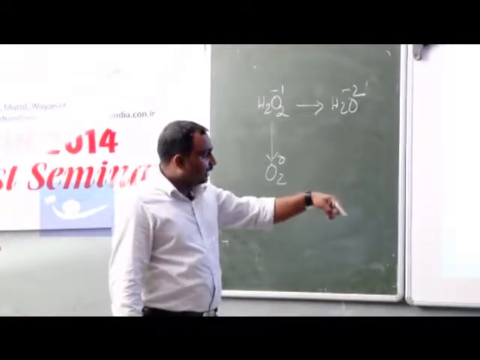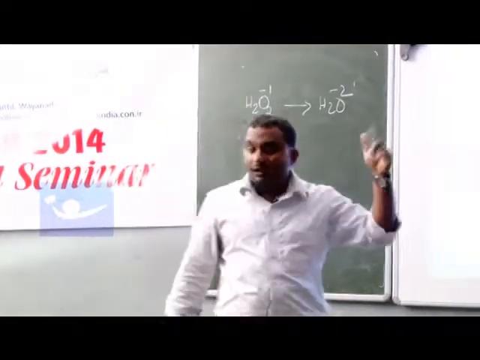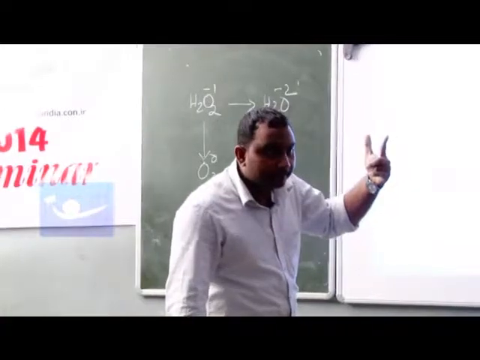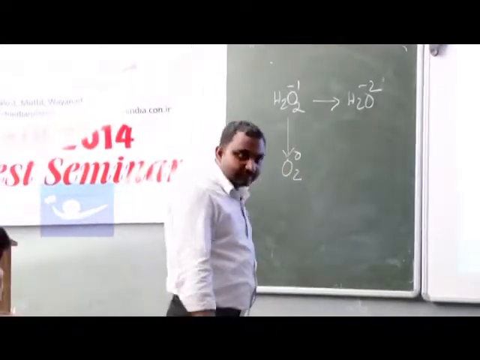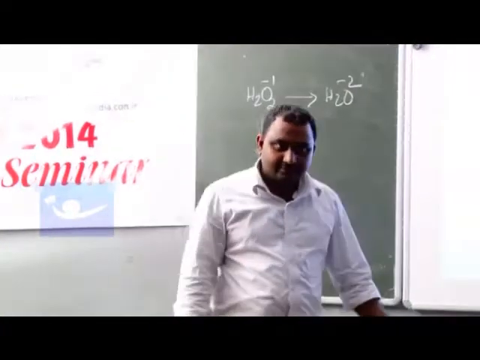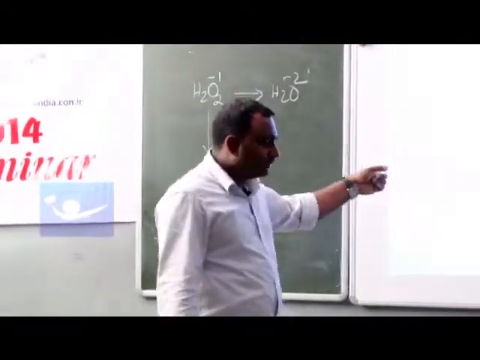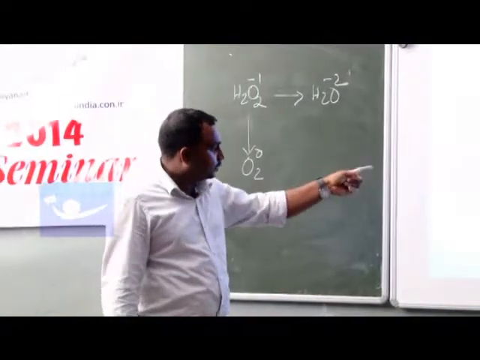Then third one, what is the oxidation number of oxygen in H2O2? -1. What about OH minus? -1, right? Both are same, nothing is happening, right? Then what about the last one? H2O2 plus 2OH minus.